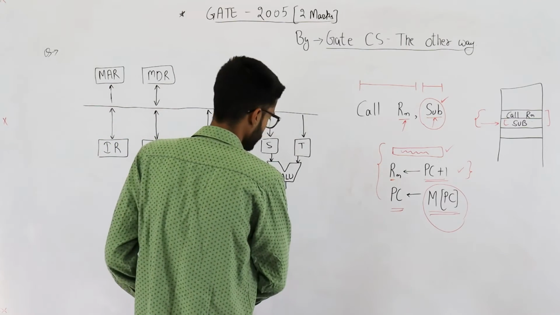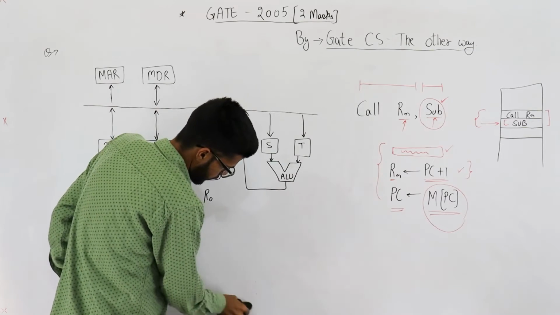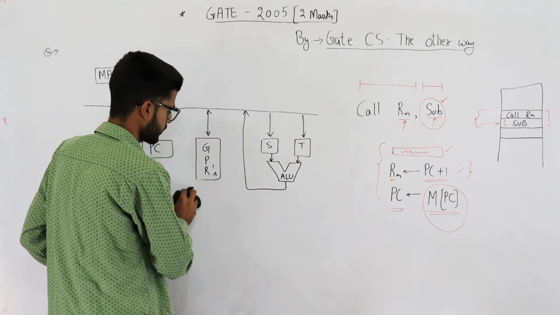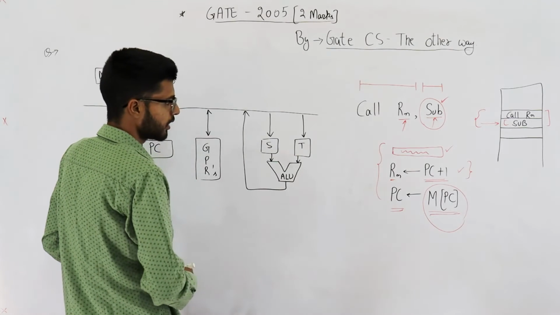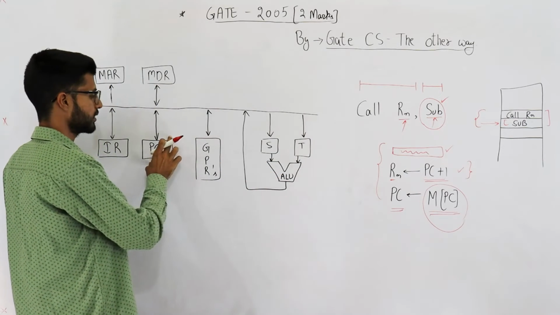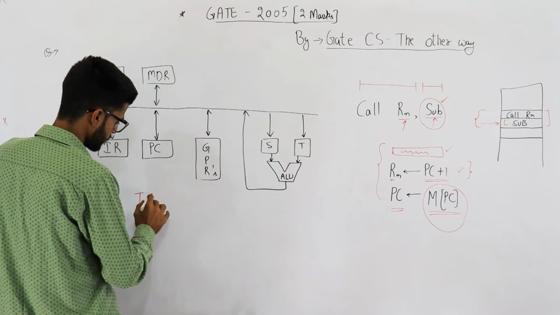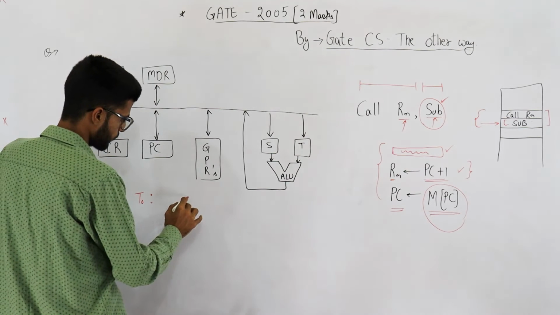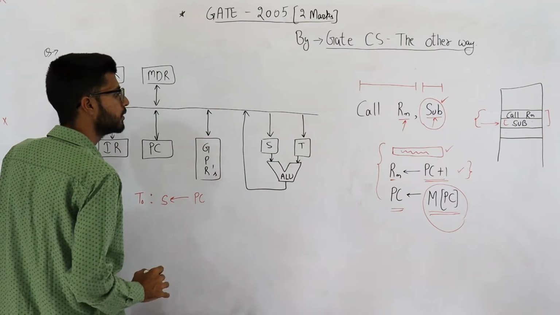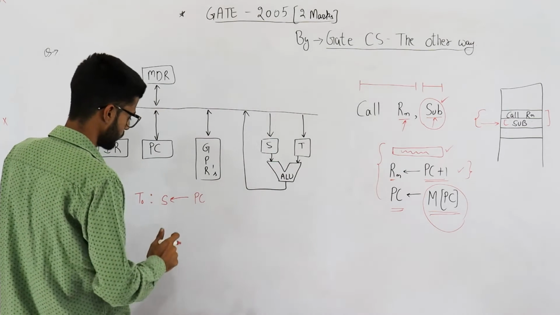So the first thing is we want to increment the value of PC, and it's mentioned in the question that incrementing must be done in the ALU itself. So this PC cannot be incremented locally. In the first clock cycle, we are going to get the value from PC into a temporary buffer. That means PC's value is loaded into the first operand of the ALU.